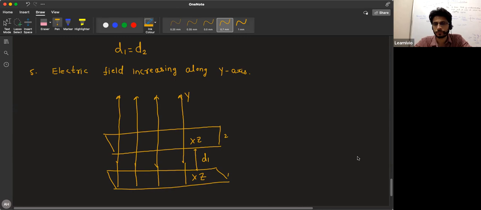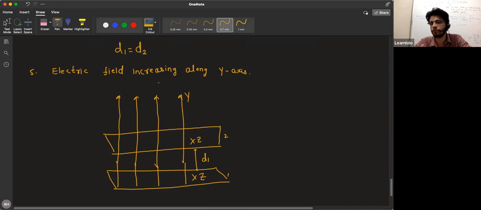It will remain the same. See, is the electric field constant or is it increasing, Hishma? Increasing. And how do you relate the strength of the field and the separation between the surfaces? They are inversely proportional.